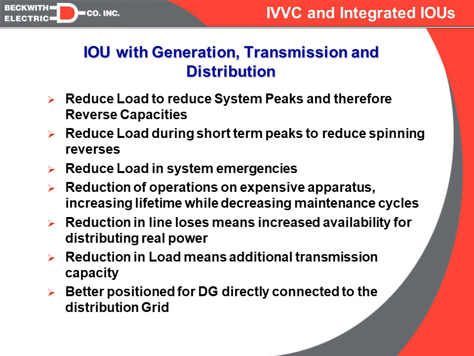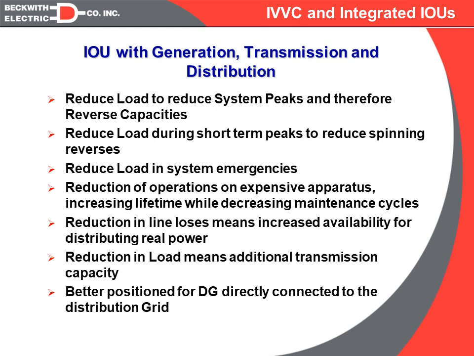If you are an investor-owned that is not deregulated and you have all three areas within your control, generation, transmission, and distribution, then your goals are more on the generation side to start with, by reducing the system peaks and therefore reducing reserve capacities, reducing short-term peaks so that we can reduce spinning reserves, reducing load in system emergency conditions.